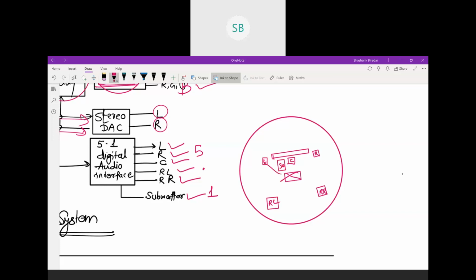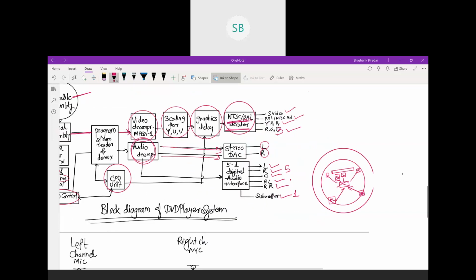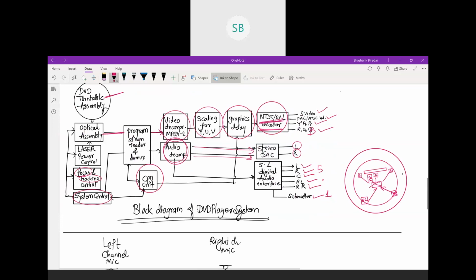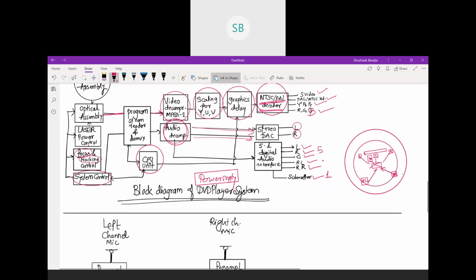So this is how sound comes to you, and it is a digital audio system. Okay, understood? It is a very simple diagram, and also you need a power supply for the system. Okay, so this is an important parameter for this one.